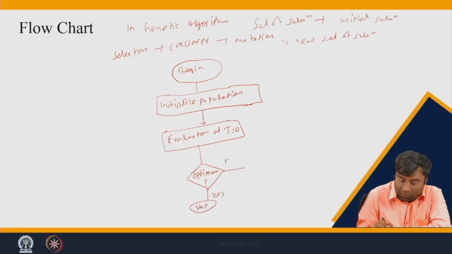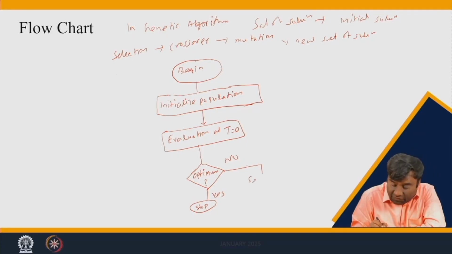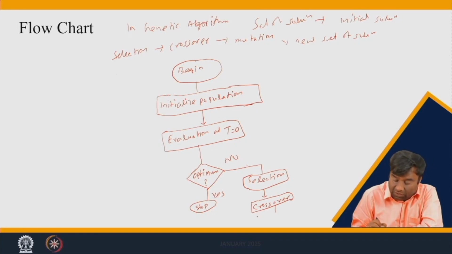If it is no, then we need to do a few operations, that is known as selection for parents. Whenever we get the selection, we'll do the crossover. When the crossover is done, we'll do little bit of changes in the offspring, that is called mutation.